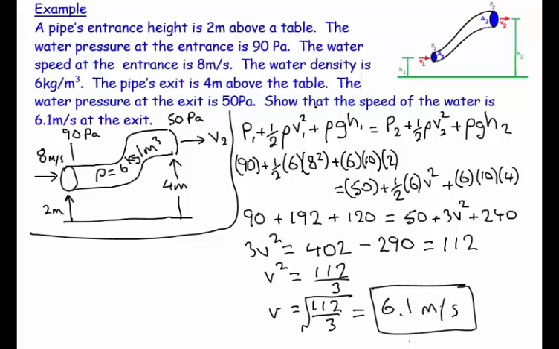I can play with it. I can throw in non-standard units. I suppose I could do ratios where I could say to you, oh yeah, this height is 3 times higher and all that. But basically it's one equation, one unknown, so know the relationship, know what all the symbols stand for, and then just work through it. There we have it.